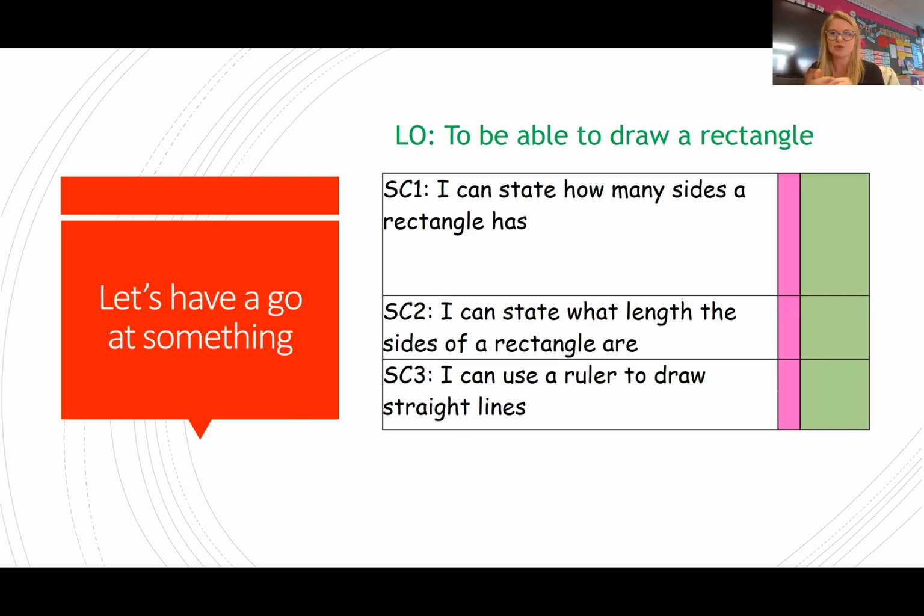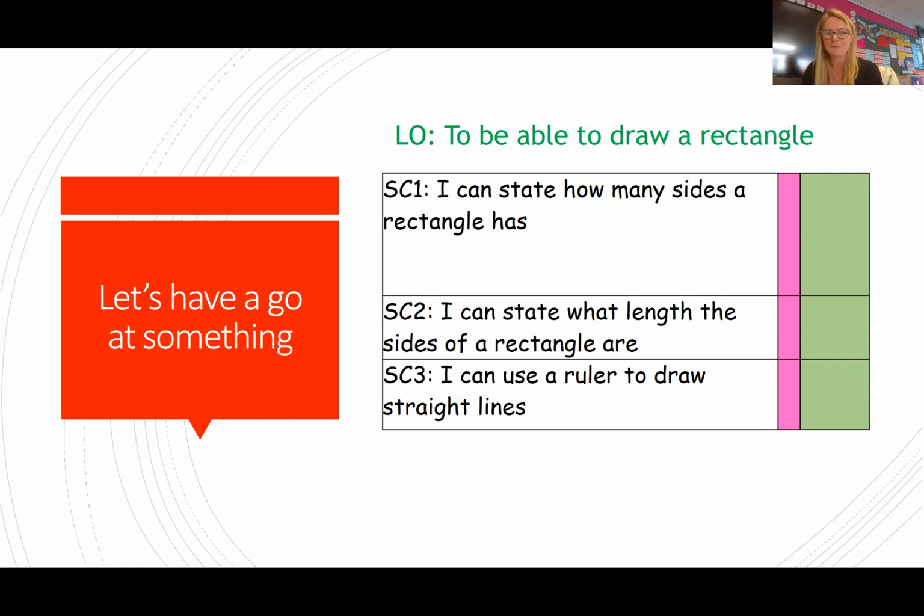So to be able to draw a rectangle, you need to know quite a few things. So look at my learning label and my success criteria here. So we need to be able to say how many sides a rectangle has. I wonder if you can call out to me, how many sides does a rectangle have? I wonder if you already knew that.